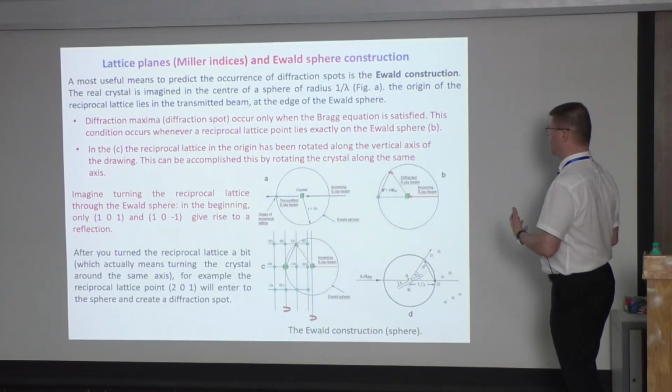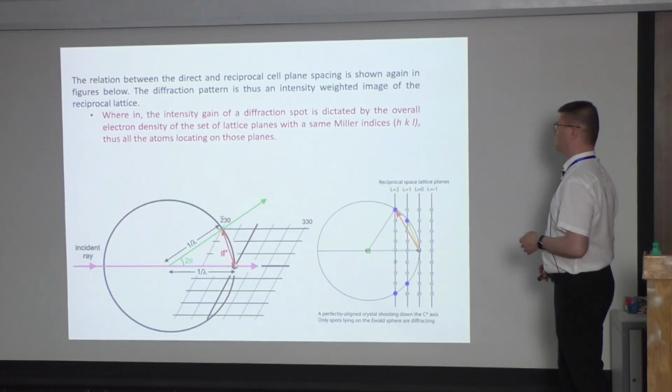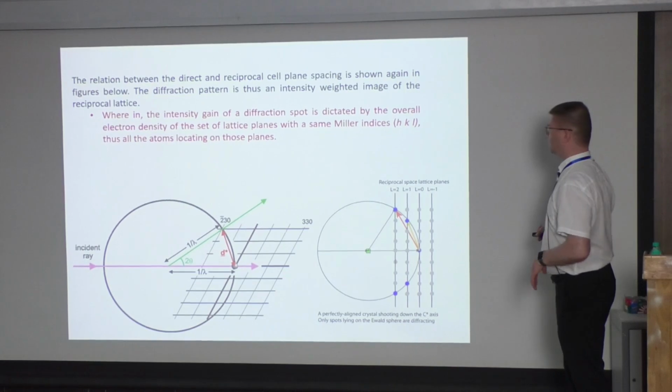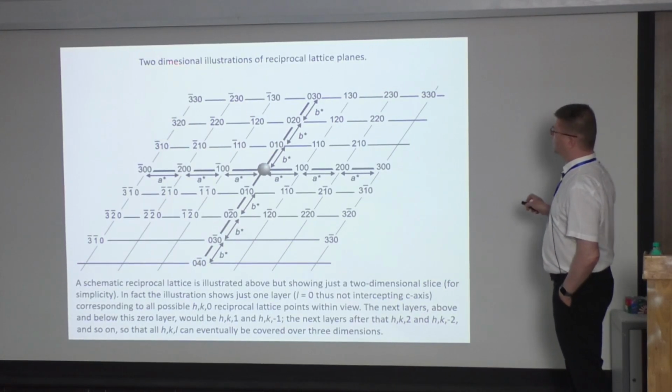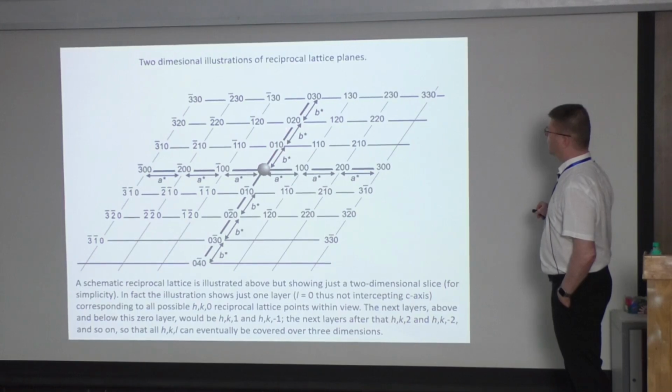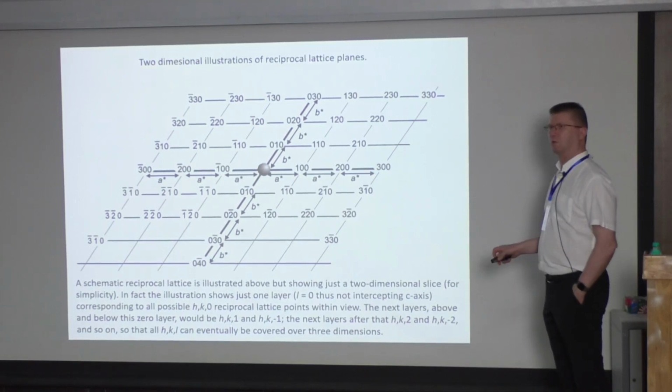But this is a very difficult concept, also for my students to understand. This is just the same, so I will skip it more or less. This is the reciprocal lattice, where we are at the origin, and it appears as individual points, and what we are doing is measuring the intensity of each of these points with the instrument.